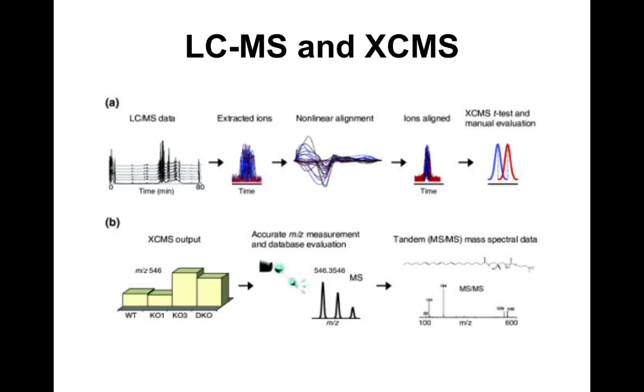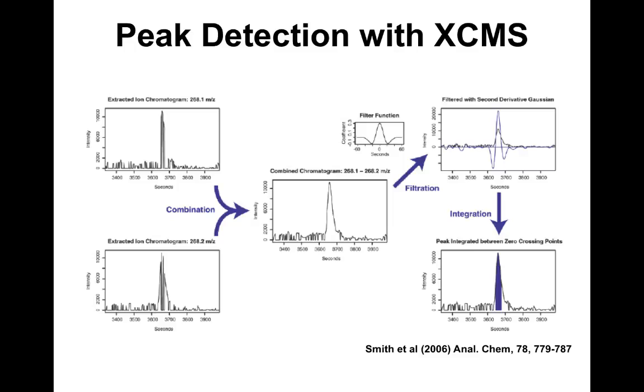This is a non-linear alignment method. Once those are aligned, you can perform the peak picking, and then the mass measurements, spectral matching, as well as parent ion masses are ultimately used to identify those compounds.